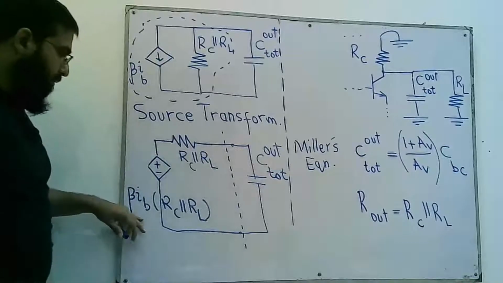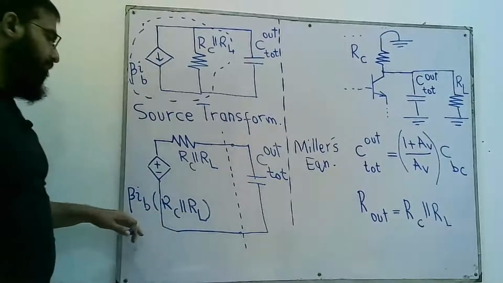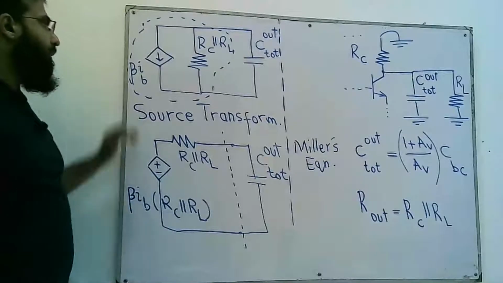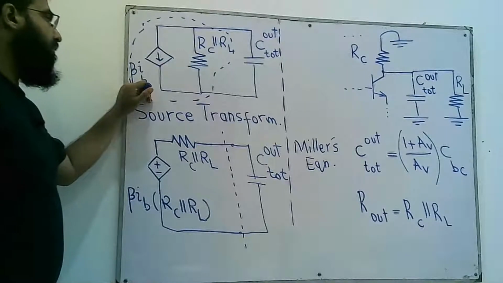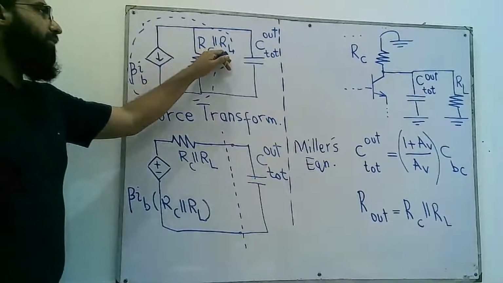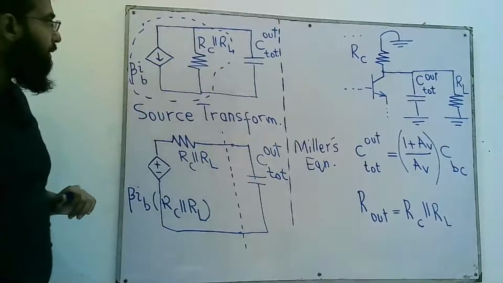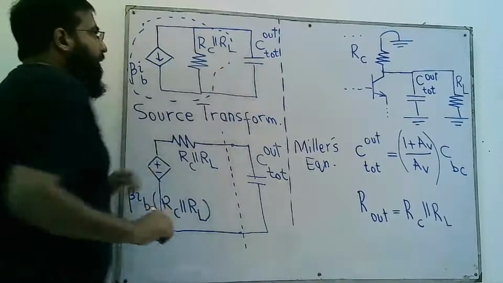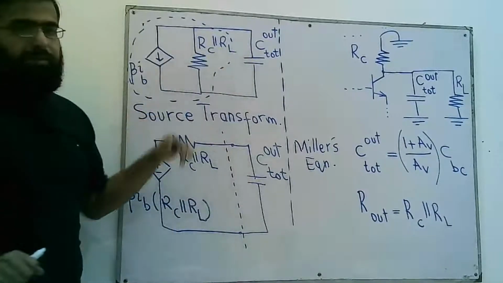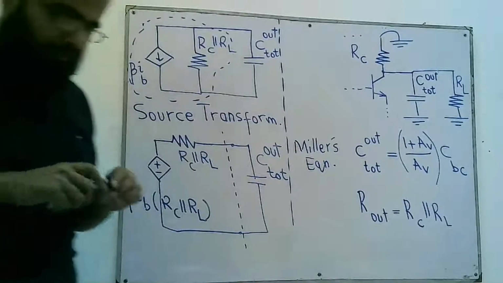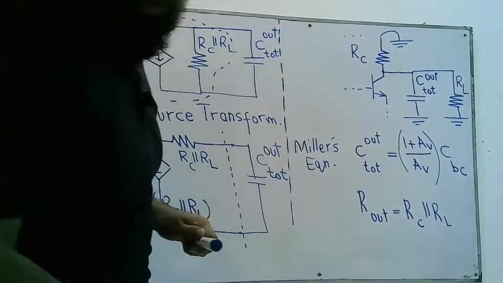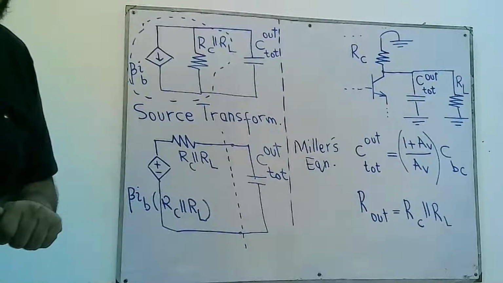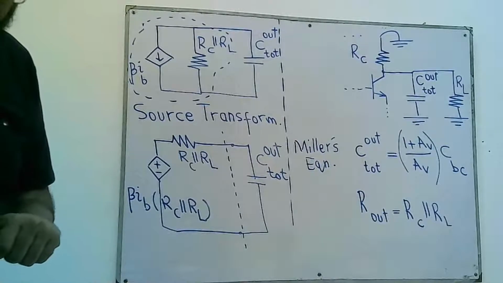For that, we have to decide the magnitude of this voltage source, and that we obtain by multiplying the magnitude of this current source with this resistor RC in parallel with RL. And the same resistance then comes in series with this voltage source. So this is how we apply the source transformation theorem. It's a recap from one of our previous courses, namely circuit analysis.